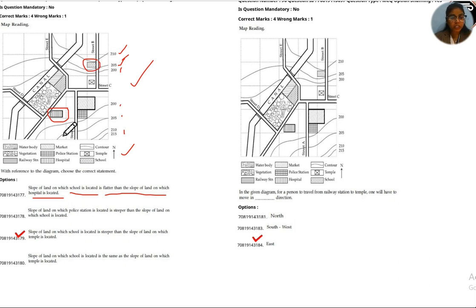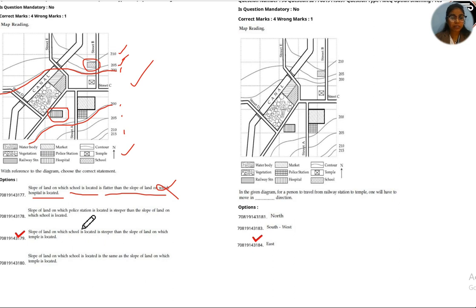And when we talk about the hospital, it is at a more flat profile because the contour is running 200 over here and 200 over here. So this hospital is lying on more flat land in comparison to the school. So this statement is wrong. Slope of the land on which the police station is located is steeper than the slope of the land on which a school is located.